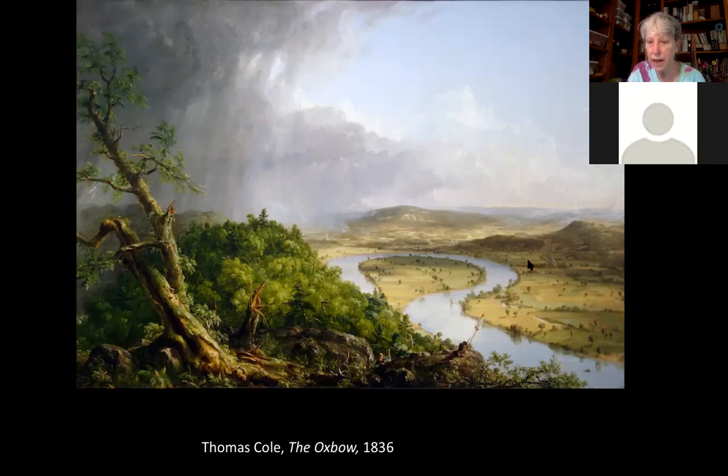So all of that is sort of emblematic of European conquest, you could say, of the American continent, which is summed up in a phrase that's important in American history: manifest destiny. So maybe you've heard that when you studied American history in high school.